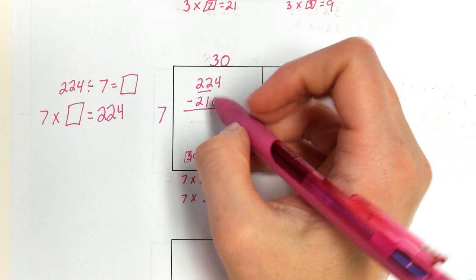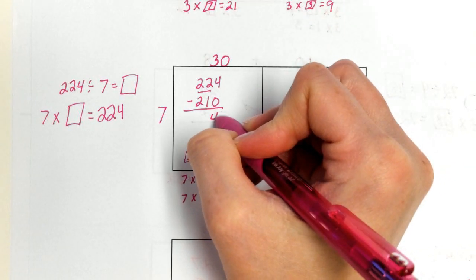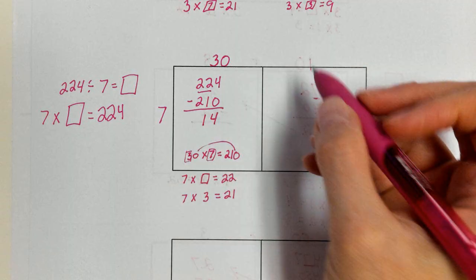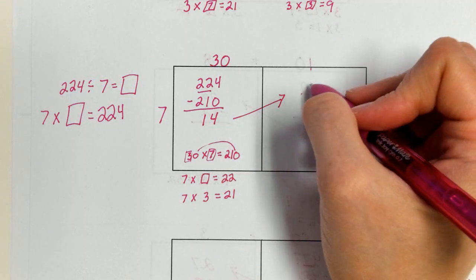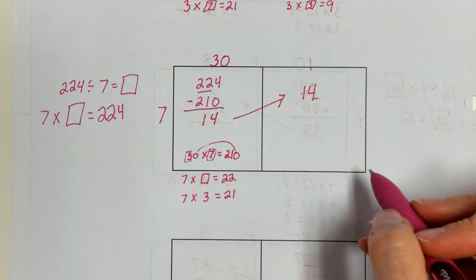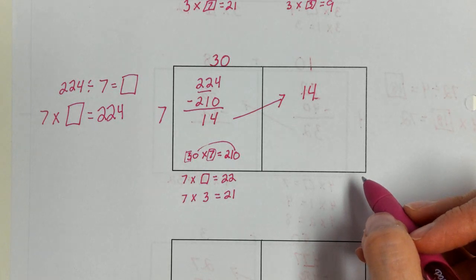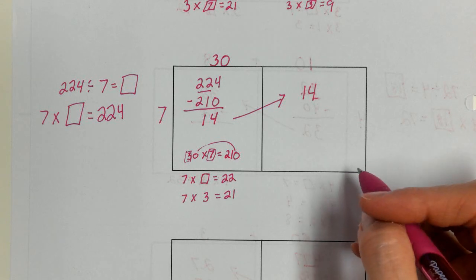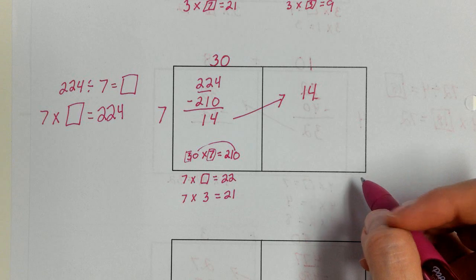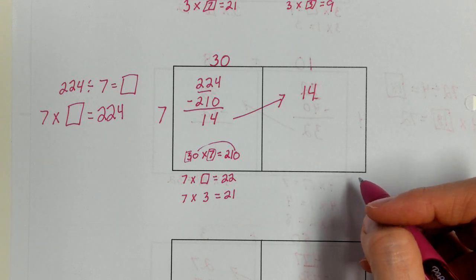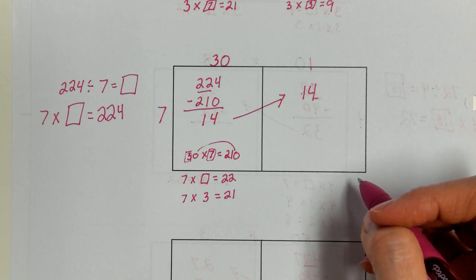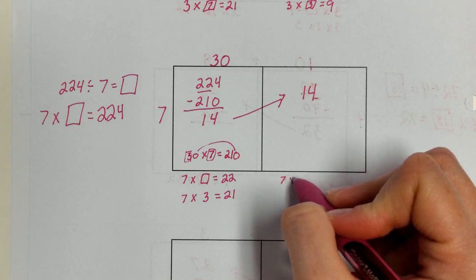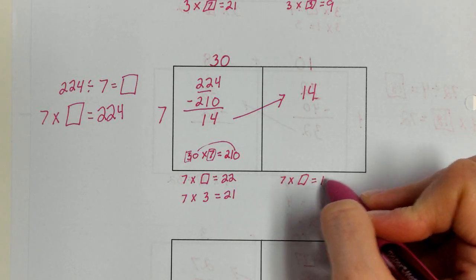I'm going to subtract. All right, so I have 14 left over, so let's move that 14 to the ones column. And now I'm thinking what, Chloe? Seven times a mystery number equals 14.